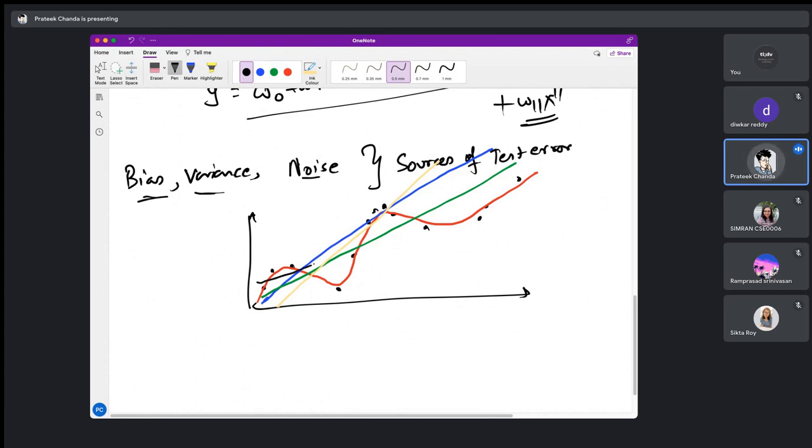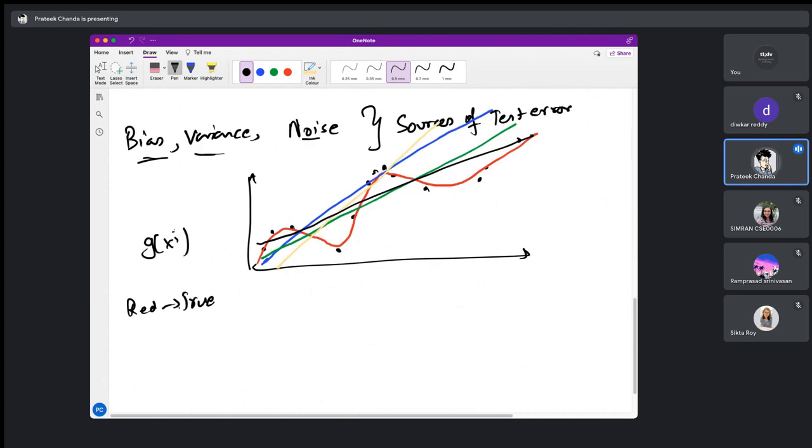One other can be something like this also, a prediction line. So there are a total of five lines that I fitted here. My red line is my true function, and all the other colored lines are predictor functions, the g of x.